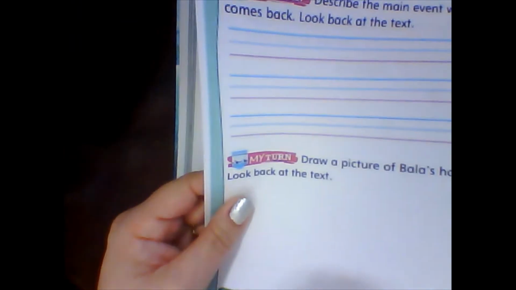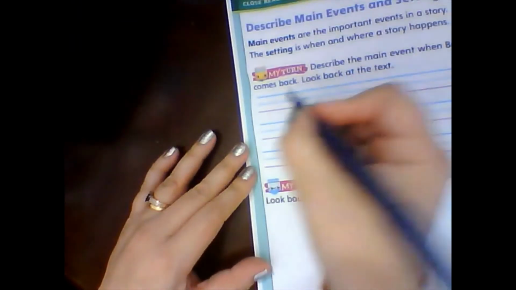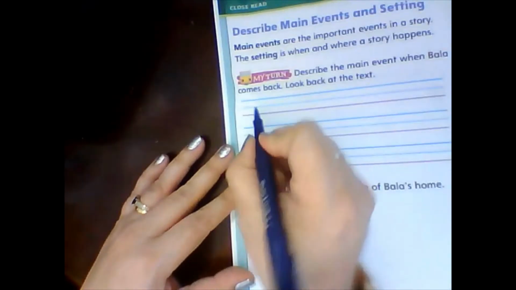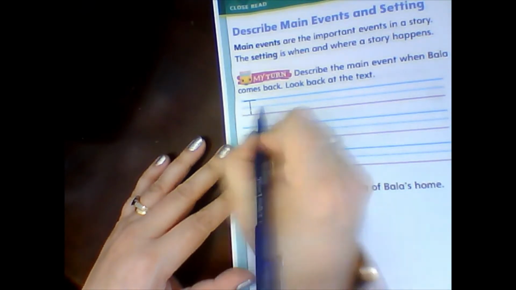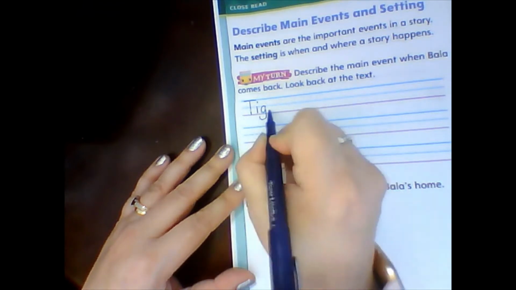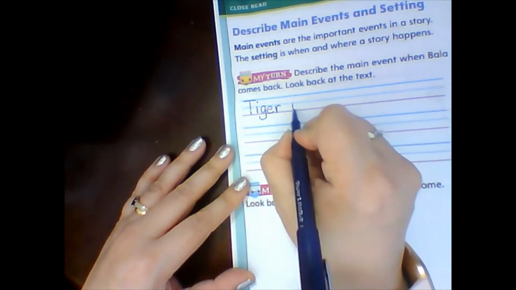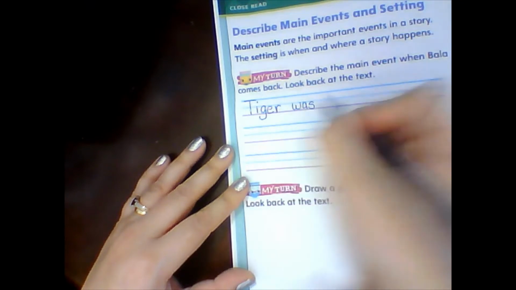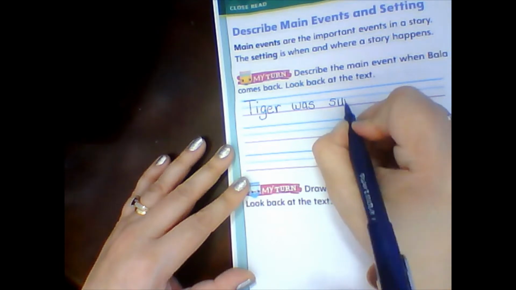So here we are going to write, let me see so that way we can get it in there. Tiger was surprised.